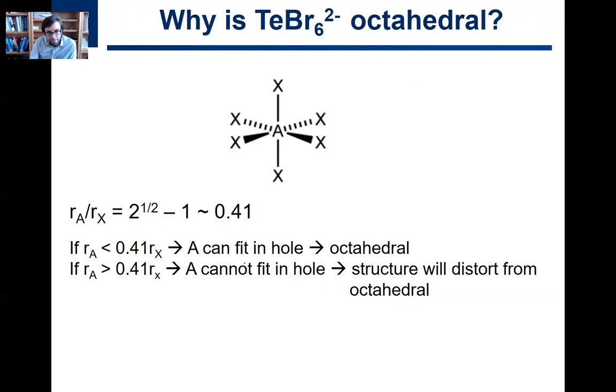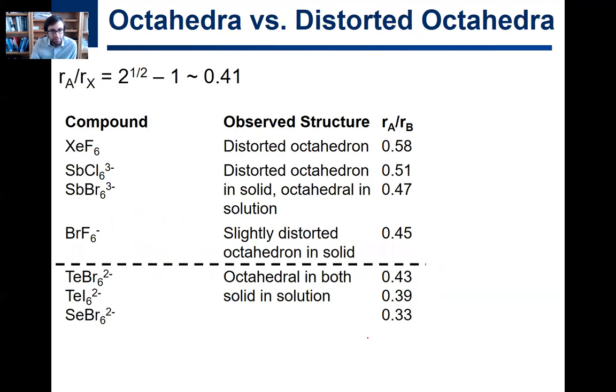If it's bigger, the structure will distort and you'll get one of those geometries based upon a pentagonal bipyramidal steric geometry. And so what's really cool is you can look at different structures and calculate isoelectronic structures and calculate their ratios.